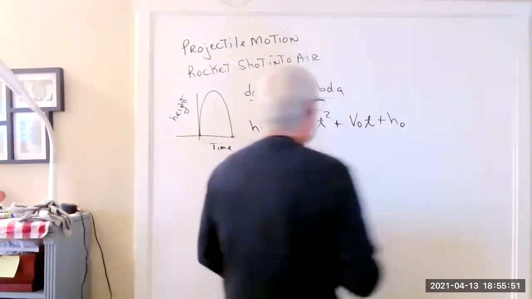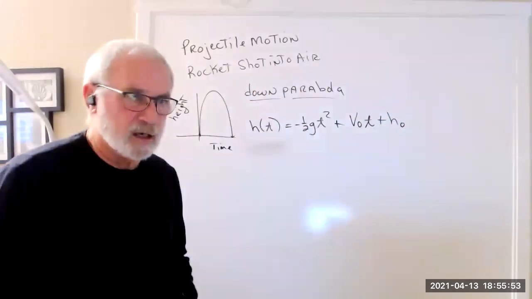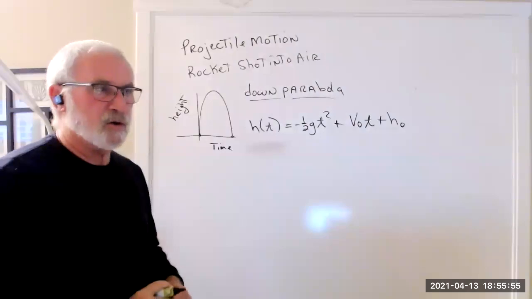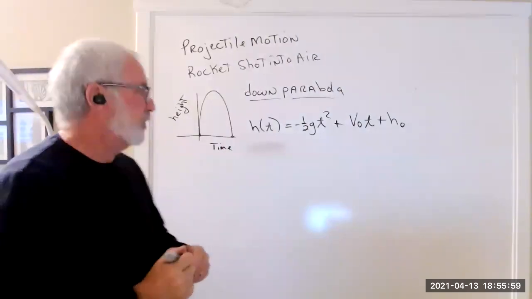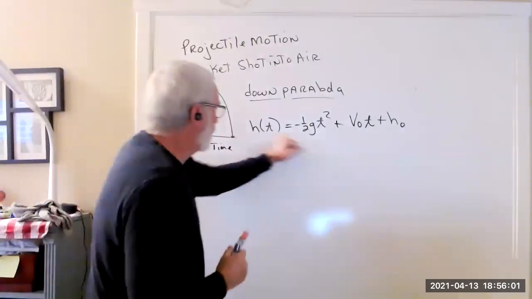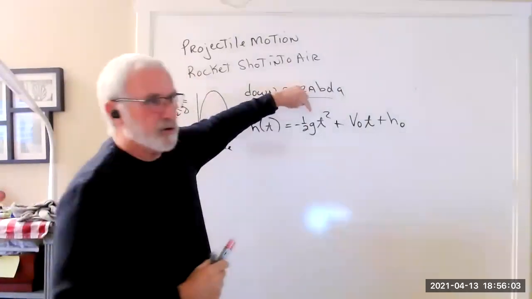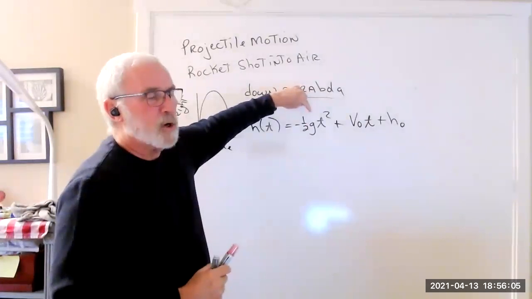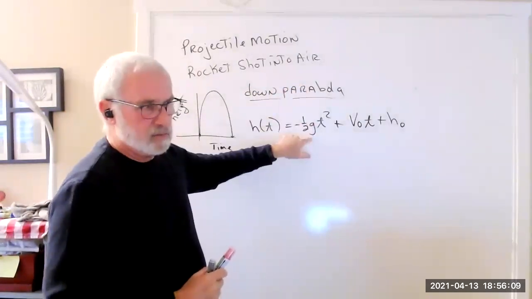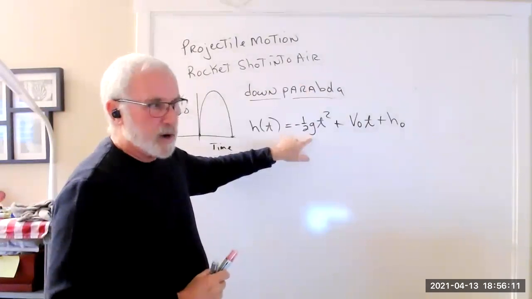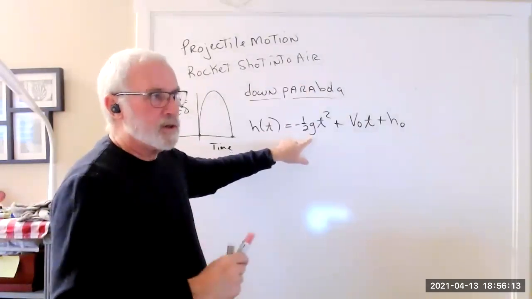Now, I told you I have to give you the whole thing because you're going to see this in your physics classes. You're going to see this in your advanced math classes. This is the whole thing. The first term here shows what gravity does. G stands for gravity. Gravity eventually always wins.